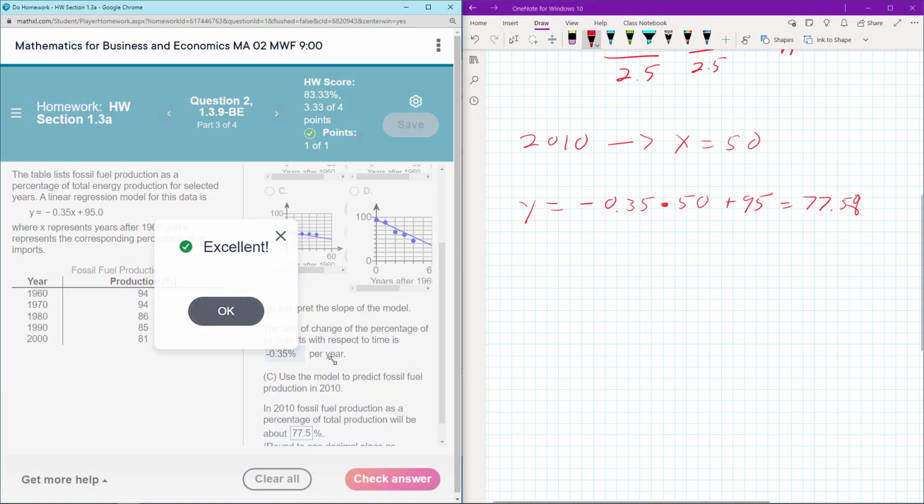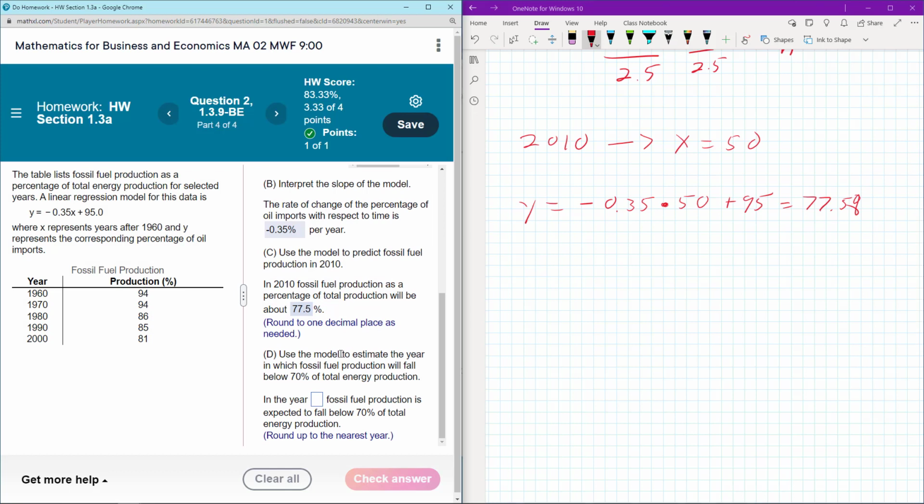And then for the last part of this problem, we want to use the model to estimate the year in which the fossil production will fall below 70% for total energy production. All right, and notice here that we want to round up to the nearest year. Okay, so let's go ahead and do that. We want to basically set y equal to 70%, or 70.